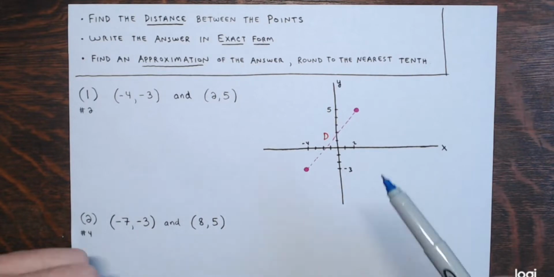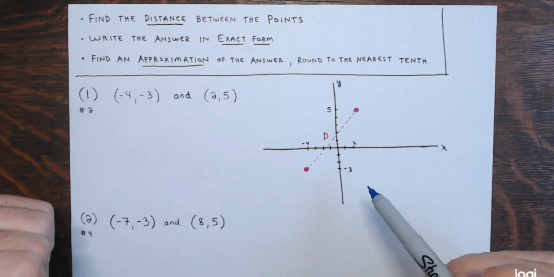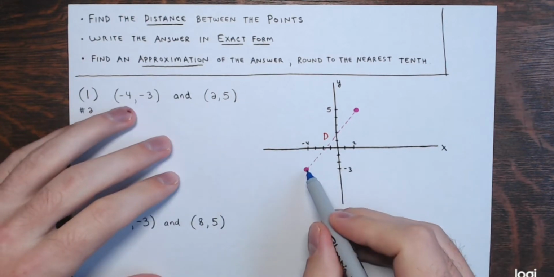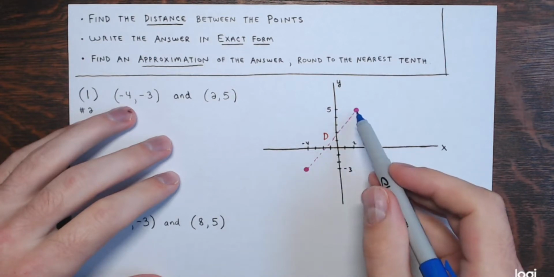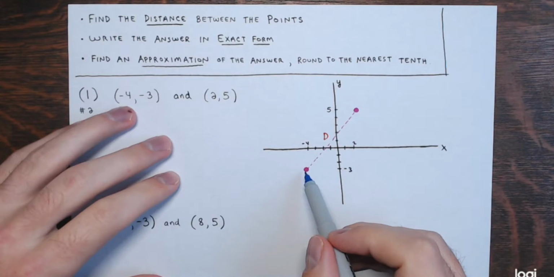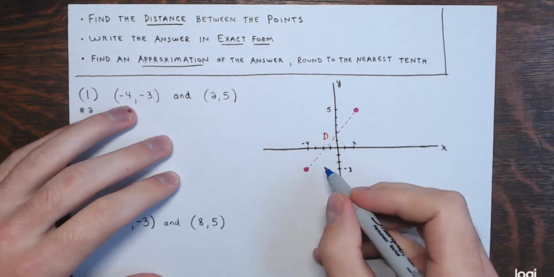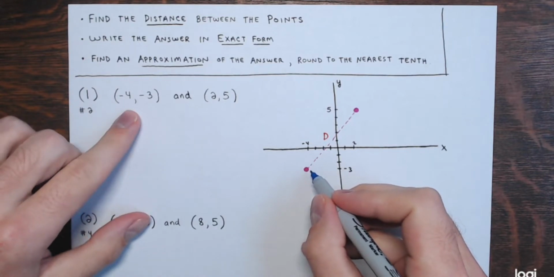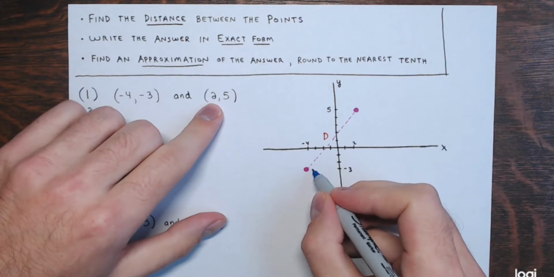What I'm going to do is draw a right triangle in this picture, in which I travel from one point to the other, but instead of going straight there, I'm going to go right, left, and up, down. So if I was starting here at the point -4, -3, and I want to go to the point 2, 5, first I'll travel to the right.